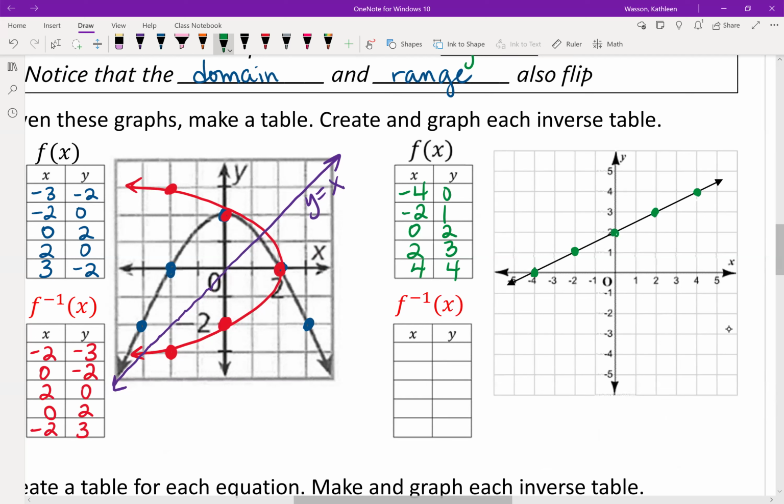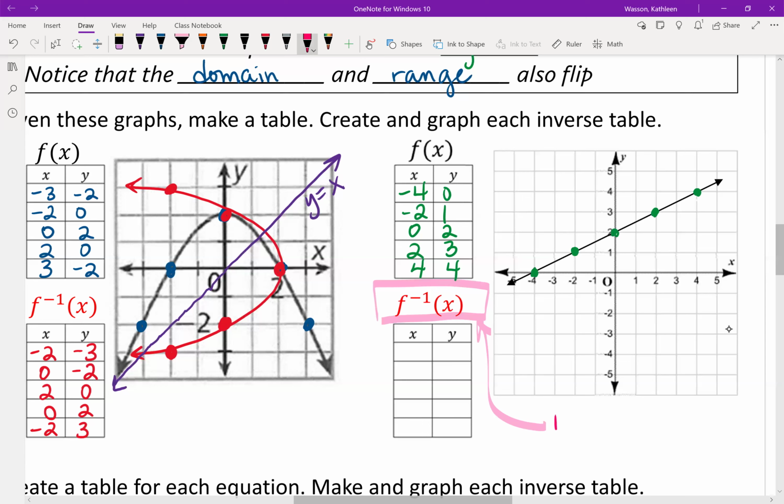When I write the inverse for this table, notice that the original is f of x, and the inverse has f of x, but there's this exponent with a -1. That's inverse notation. So that's worth noting.